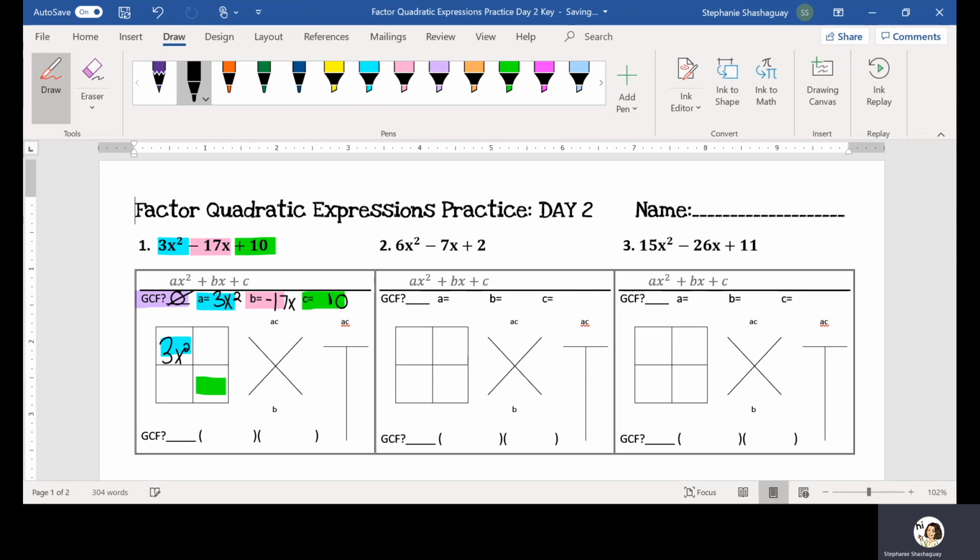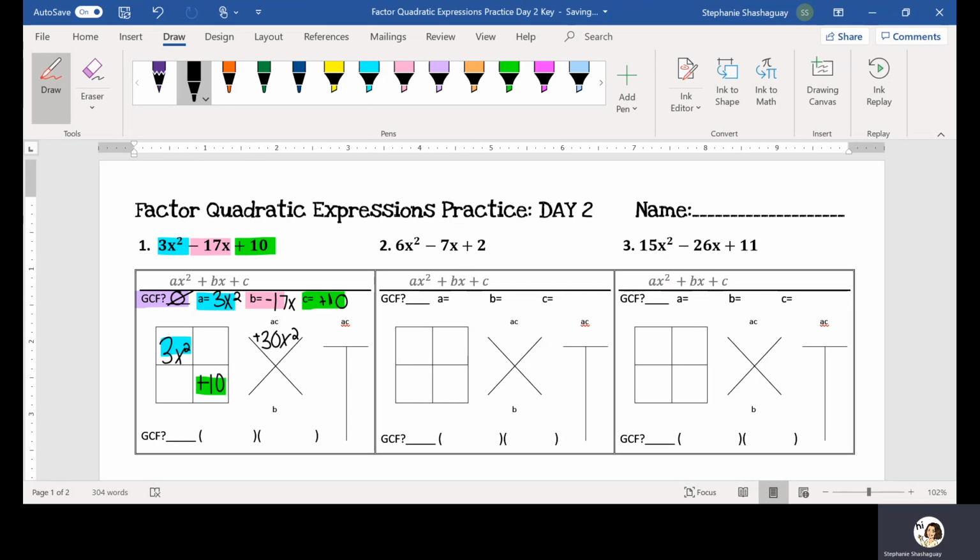So my A term is going to go in that top left-hand box, and my C term, which is a positive 10, is going to go in that bottom right-hand box. To fill in the top of my X, I need to multiply my A times my C, and that's going to be a positive 30x squared.